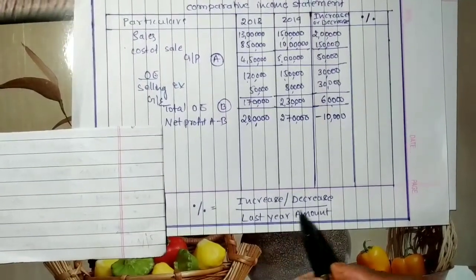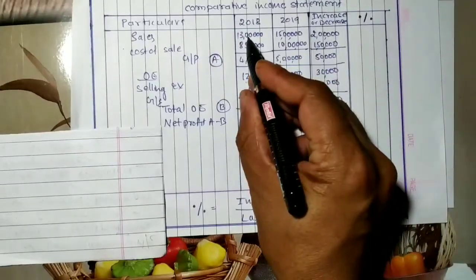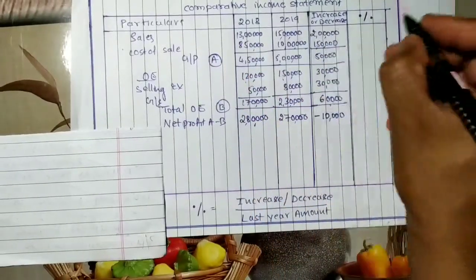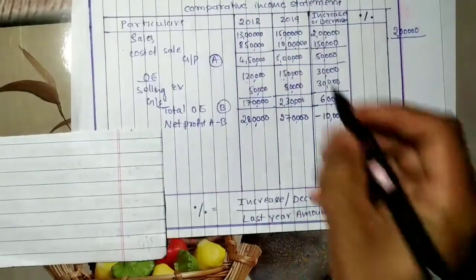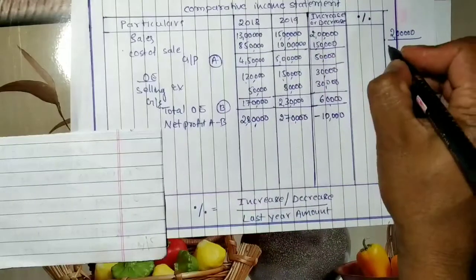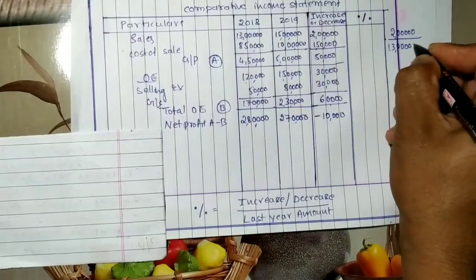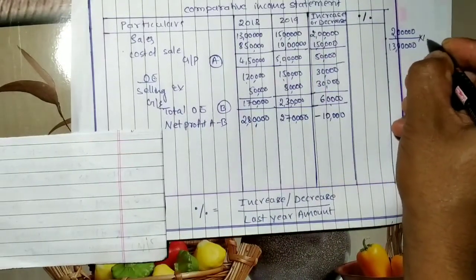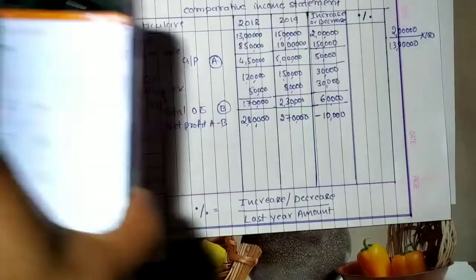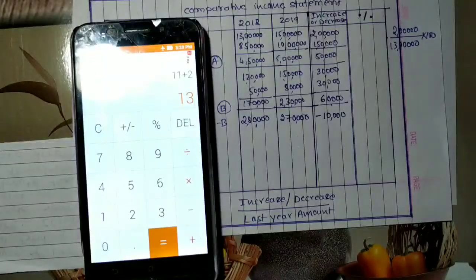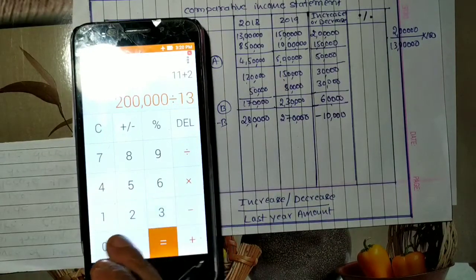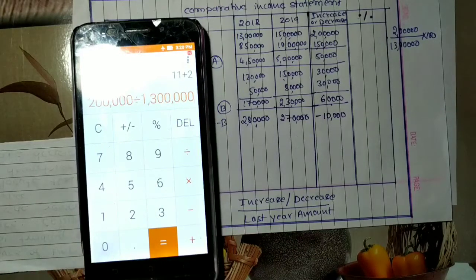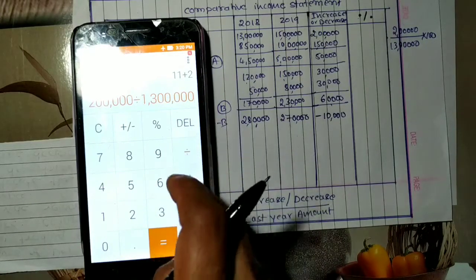For example here, increase is 2 lakh divided by last year amount, that means 13 lakh, into 100.